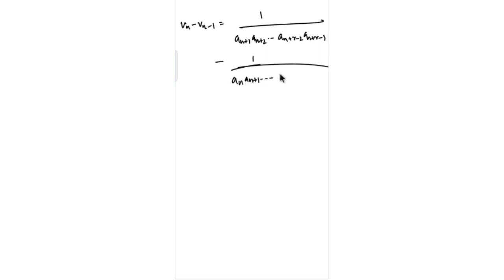So my Vn minus 1 will be 1 by an+1 an+2 ... an+r-2 an+r-1, minus 1 by an+1 so on.